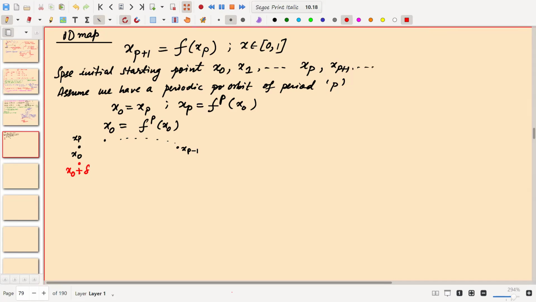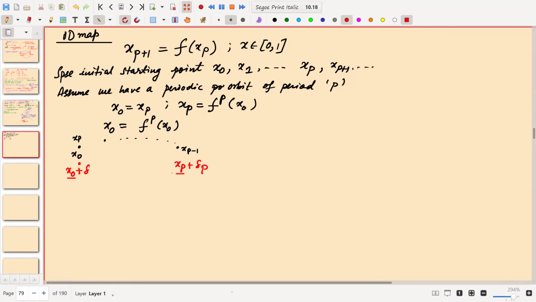If I disturb the point x naught by delta, the final point will also get disturbed, don't you agree? Suppose the final point is disturbed to xp plus delta p. When your initial point is x naught, the final point was xp.